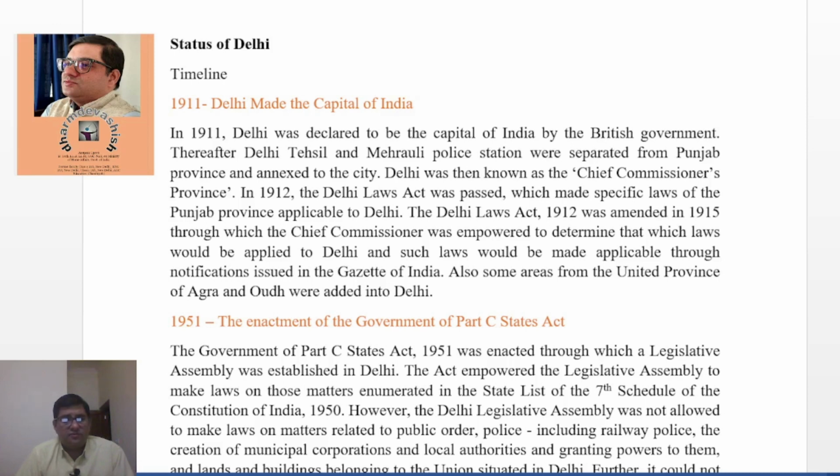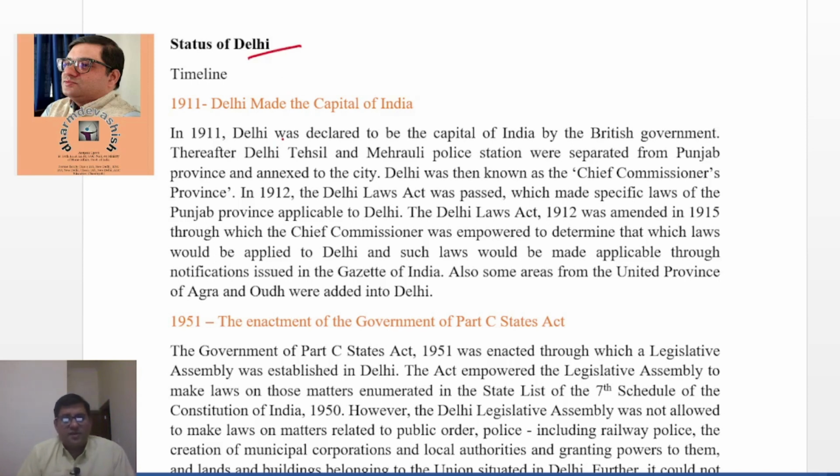With the passage of time, what all changes have come into the picture, we'll be taking this particular point into account, and by analyzing these changes, we will try to understand what the current situation is with respect to the UT of Delhi.